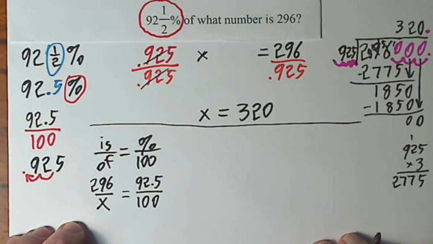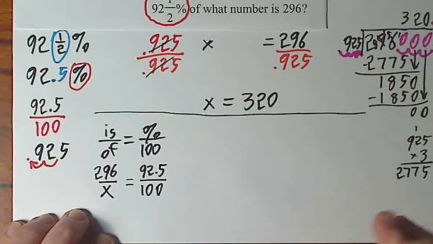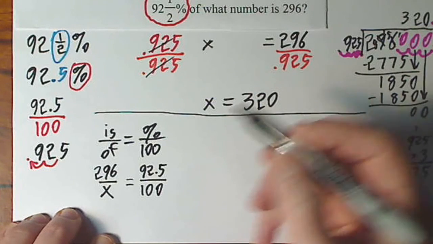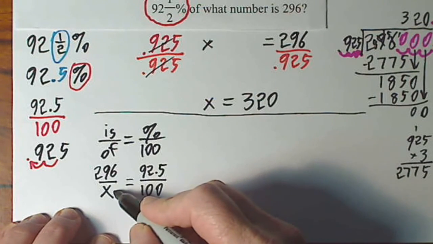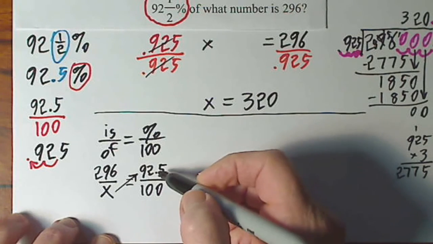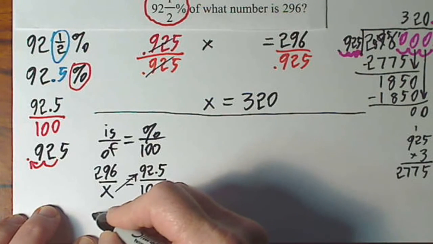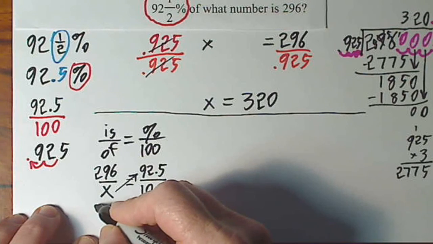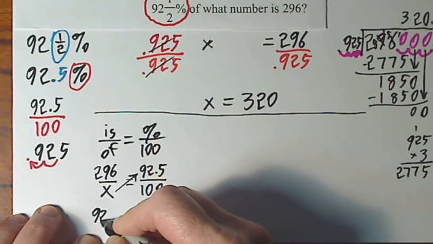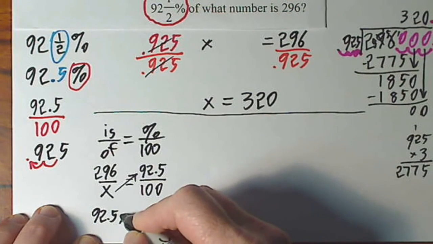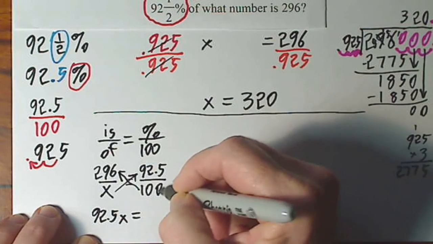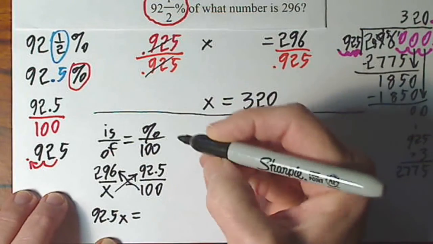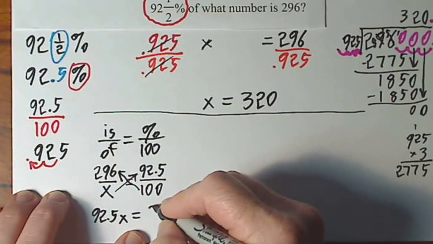Okay. And now to solve this, you can use cross products. So that's to say X times 92 5/10 is 92 5/10 X, and then 100 times 296.